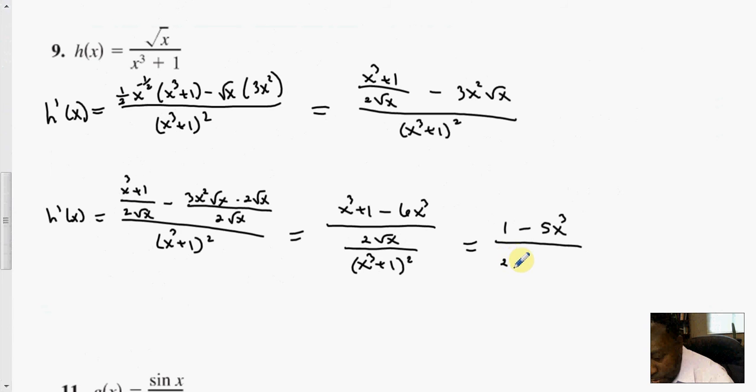So this is 2 times square root of x times parentheses x cubed plus 1 to be squared.